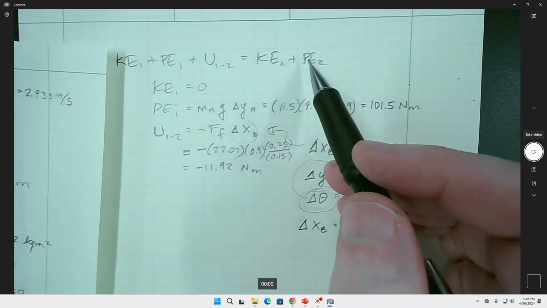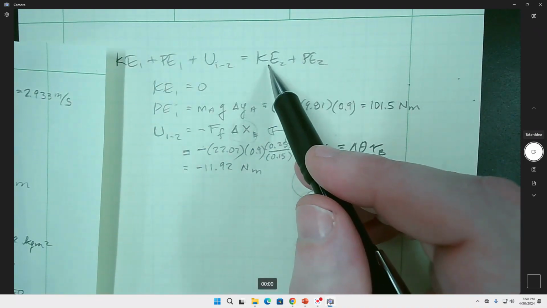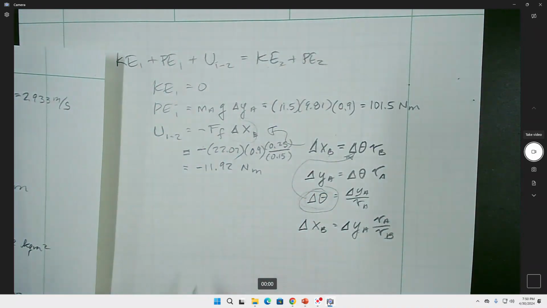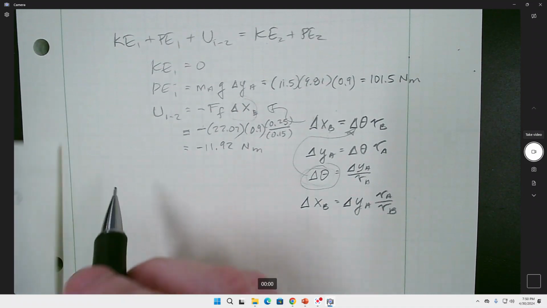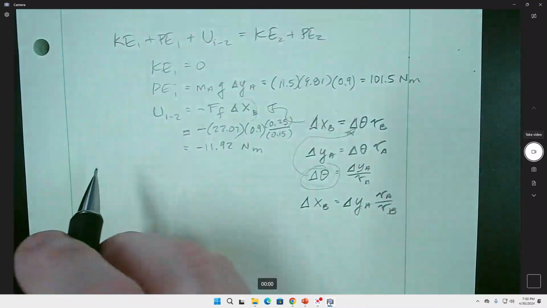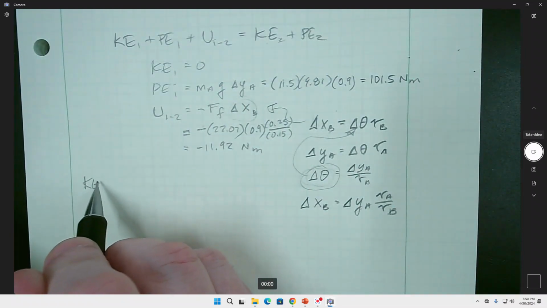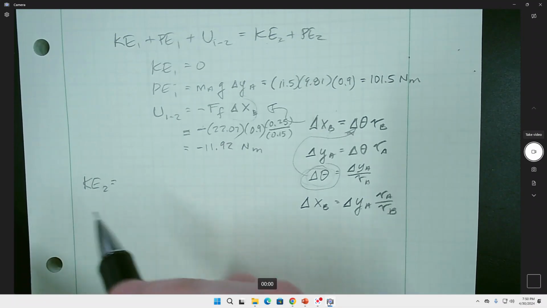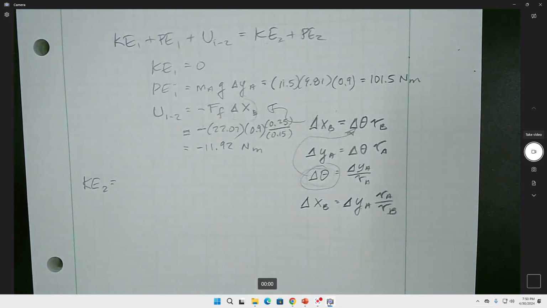Now, okay, so the kinetic energy at state 2. Maybe I want to give myself a little bit more room over here. I did quite a bit of unnecessary indenting. I'll look at all the parts that are moving, and it doesn't matter whether it's going up or down or left or right, because everything gets squared.